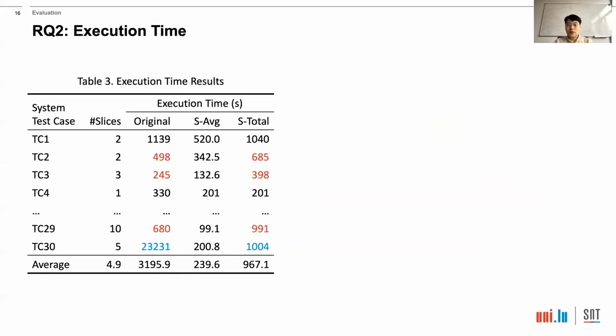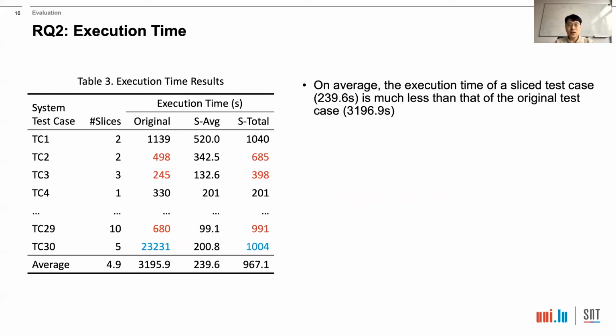For research question 2, we compared the execution time of the generated test slices with the execution time of the original test cases. We ran each test 10 times to account for the uncertainty in the test case execution time measurement. As you can see from the table, on average, the execution time of a slice test case is much less than that of the original test case, which is as expected.